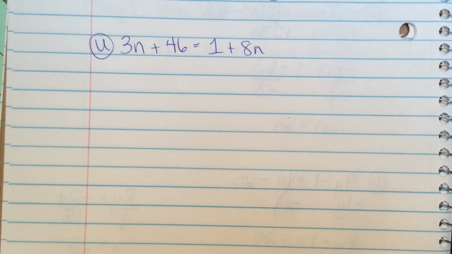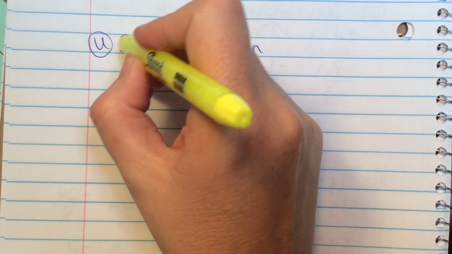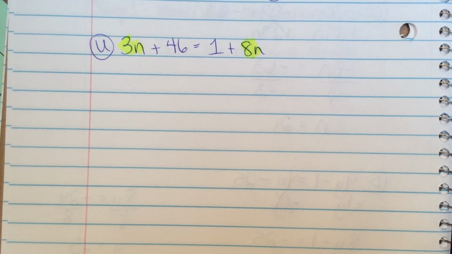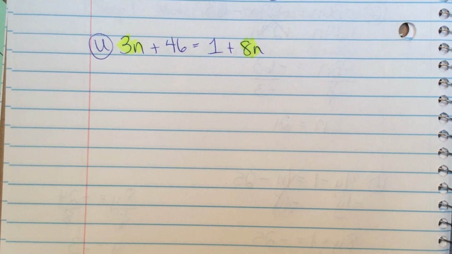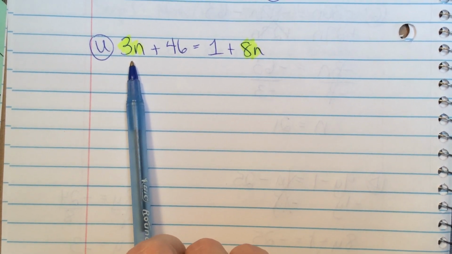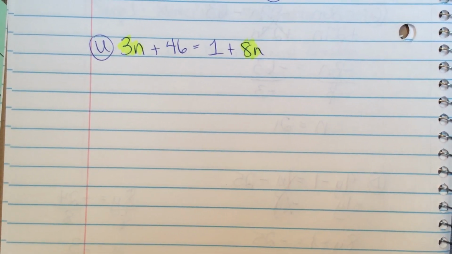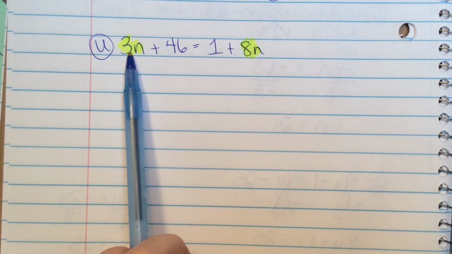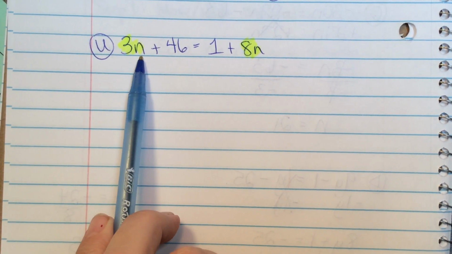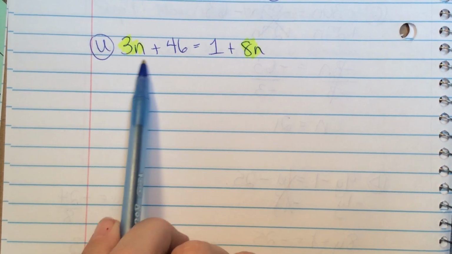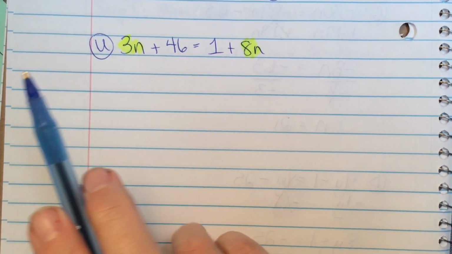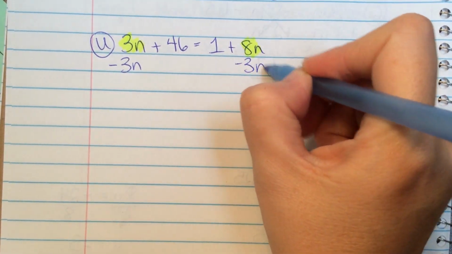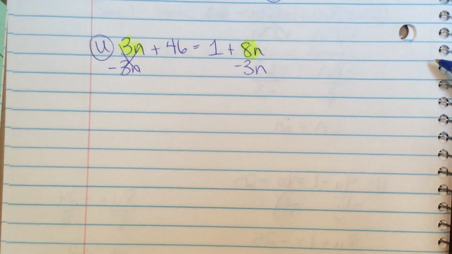All right, so let's highlight the variables. So which one's smaller, 3n or 8n? Well, obviously it's 3n, right? So we're going to move the 3n. 3n was being added, so we're going to subtract it. So subtract 3n from both sides.